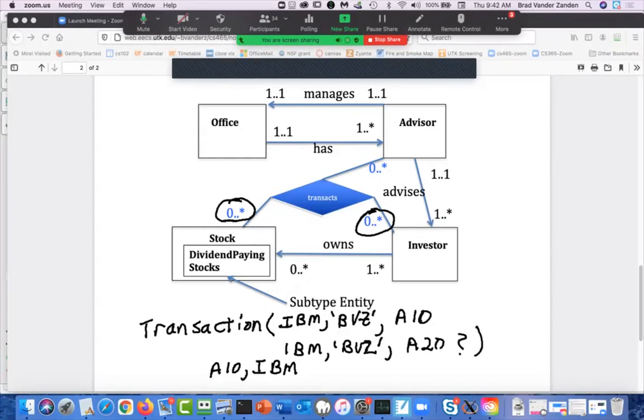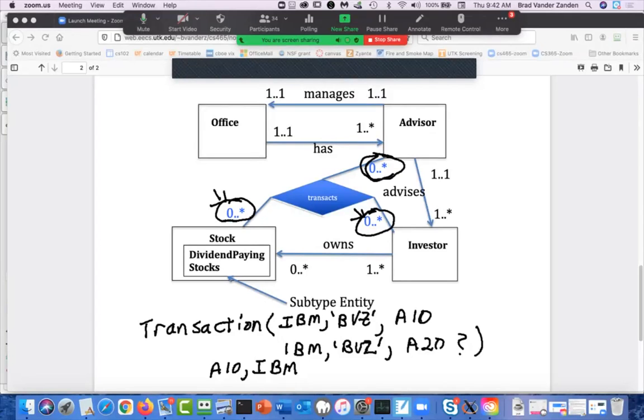So I think 2 of these are natural. I think it's natural to say that an advisor purchases 0 to many stocks on behalf of an investor. So this one I think is somewhat natural. I think it's also somewhat natural to say that an advisor may purchase a stock for many investors. So this is somewhat natural. This is the one that's a little hard.